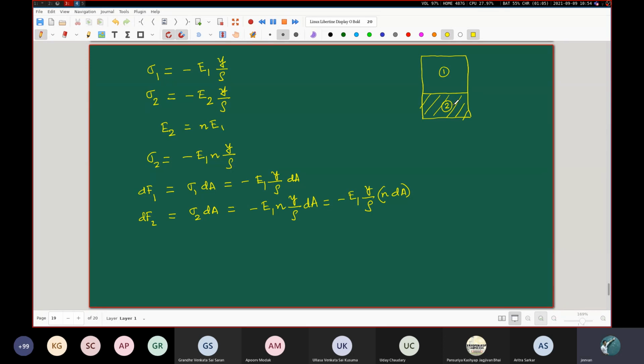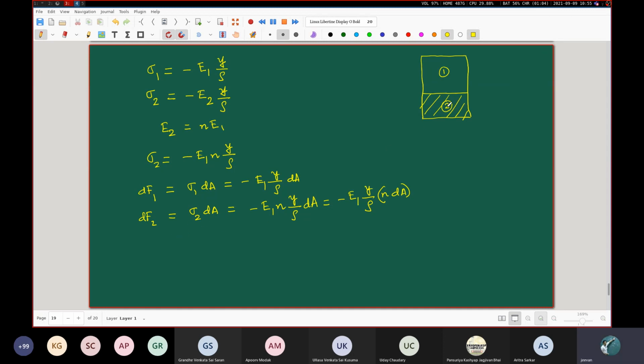What we want to do here is replace this material 2 by the material 1. You cannot do that arbitrarily. You have to pay a penalty for that. That penalty is in the form of an alternative area over which the same force would be experienced.